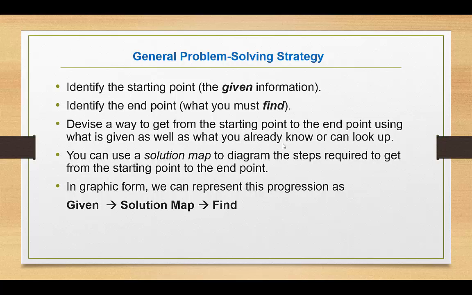Use those pieces of information as well. You set up a solution map to diagram the steps to get from the starting point to the end point, and you end up with your final answer. So what are you given? How am I going to find the answer and then actually carry out finding the answer? Okay, just very general problem-solving strategies.